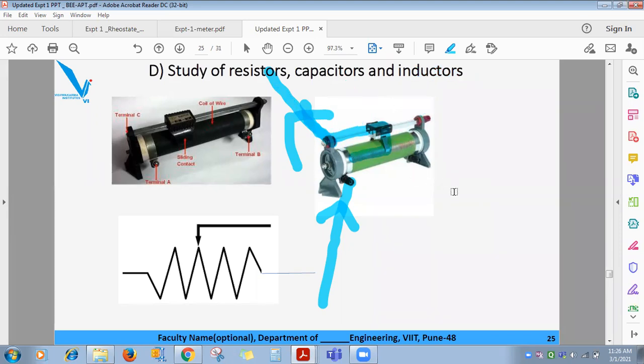Lower one is A and this side is B. If the sliding contact is toward A, then that will be the minimum resistance position. Correct. And toward the B end, it will be the maximum resistance position. Clear to everyone?